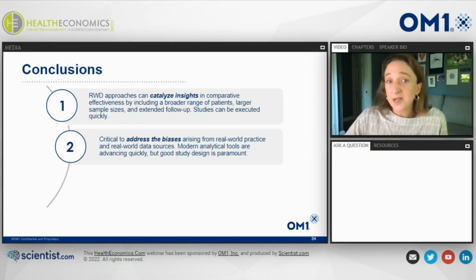There are just stunningly sophisticated tools and increasingly sophisticated tools to reckon with some of these biases, both with analytical techniques as well as sensitivity analyses that are really important to do to really kick the tires on whether observations from RWD-based CER studies could be explained partially or completely by unmeasured or residual confounding, for example.